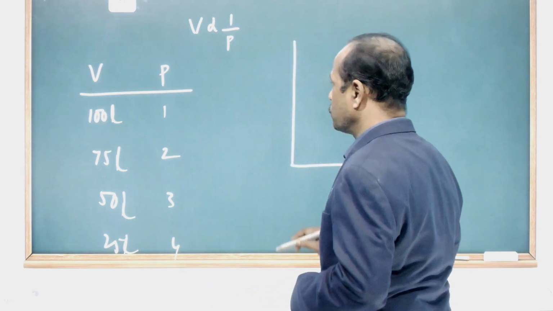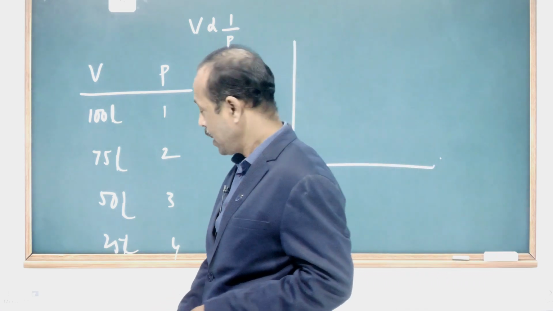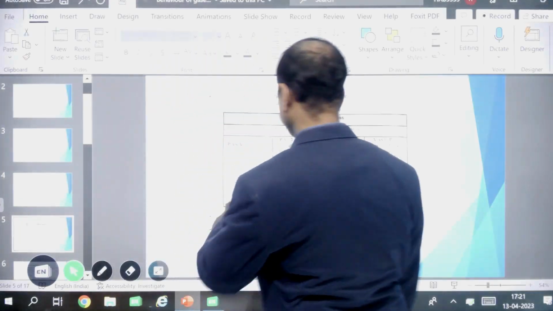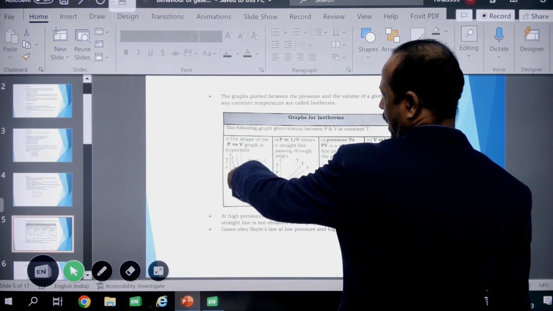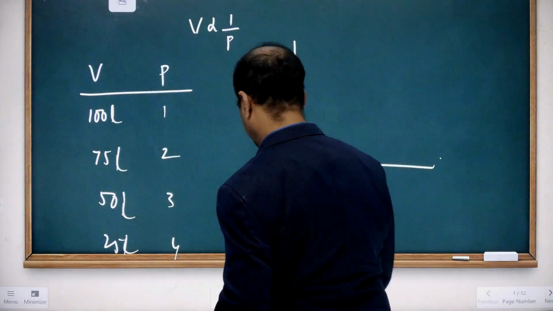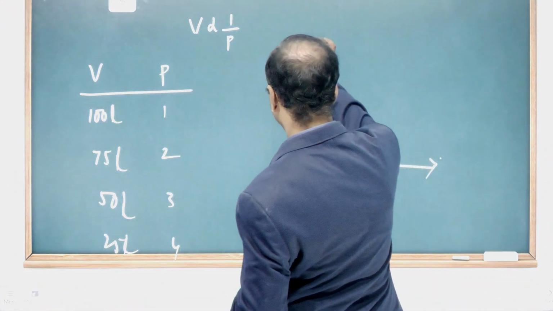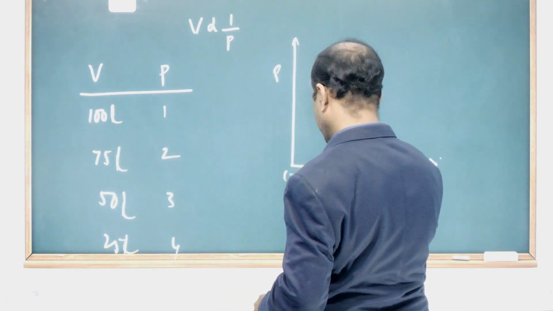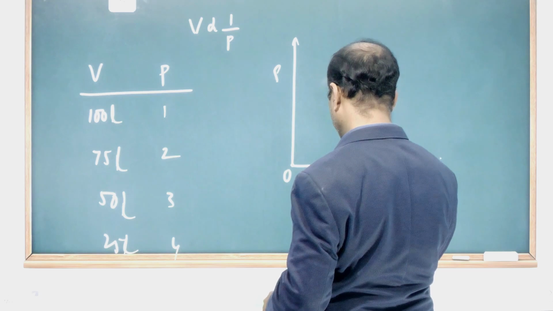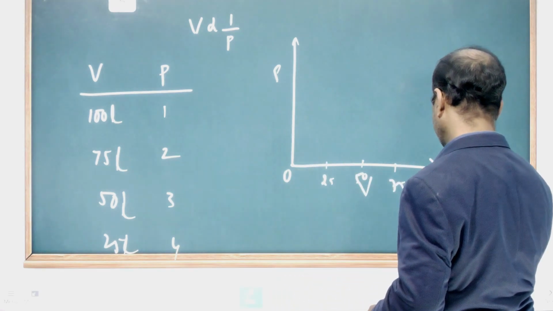So see now. Here I am taking V along the x-axis and P along the y-axis, right? So this is the x-axis, volume I am taking here, and the pressure I am taking here, okay. So this is 0, this is 25, this is 50, this is 75, this is 100.